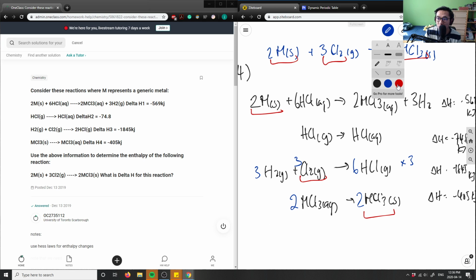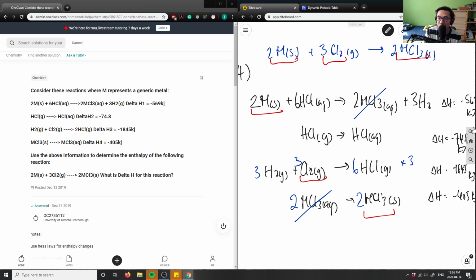So for example, I've made here my reactants for equation 4, which was 2 MCl3s, right? And if I make 2 MCl3 in my equation here, this reaction and this reaction here, because this is in the product side and this is the reactant side, is going to be used up in my general reaction. So I can simply cross these two out because it's being made and being used. Same thing for my hydrogen gas.